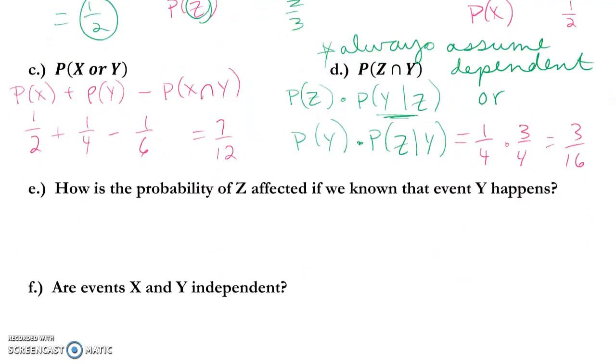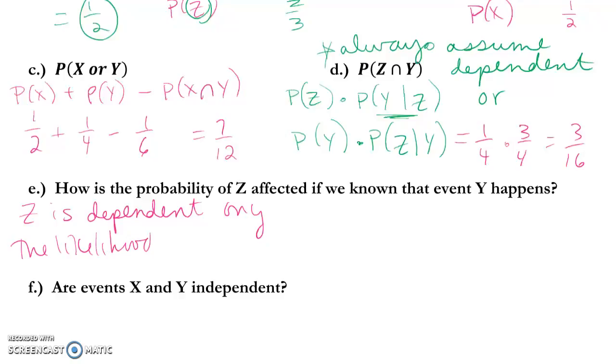So we can say that Z is dependent on Y. The likelihood of Z occurring increases if Y occurs.